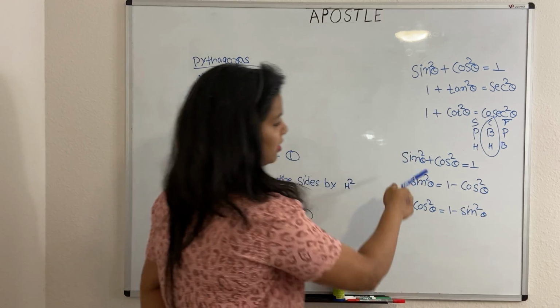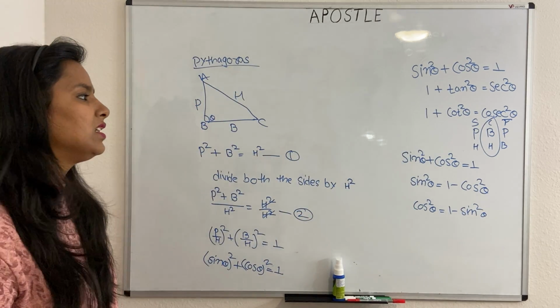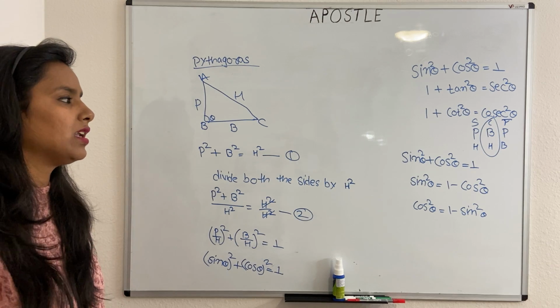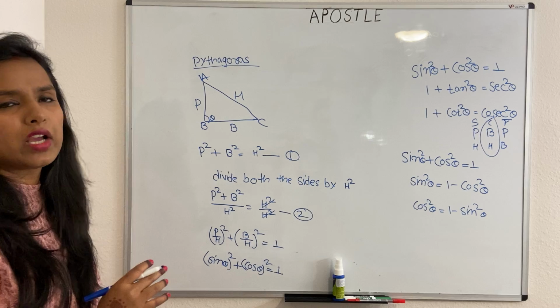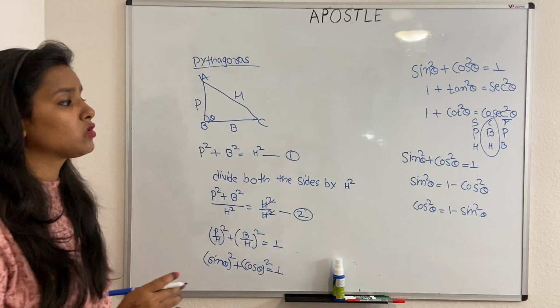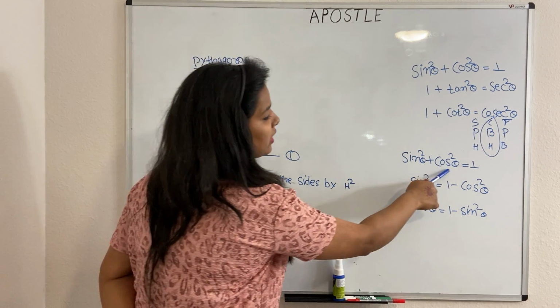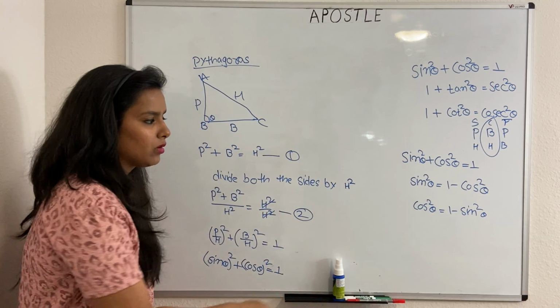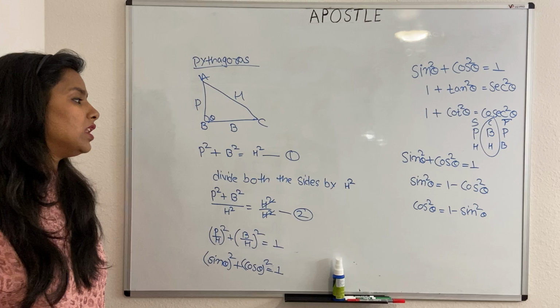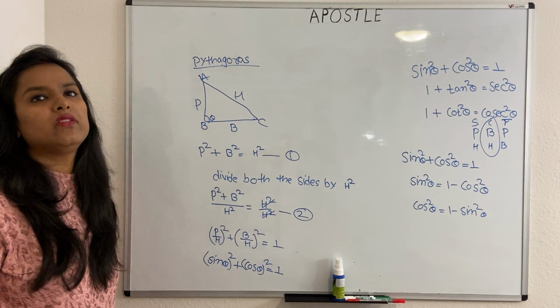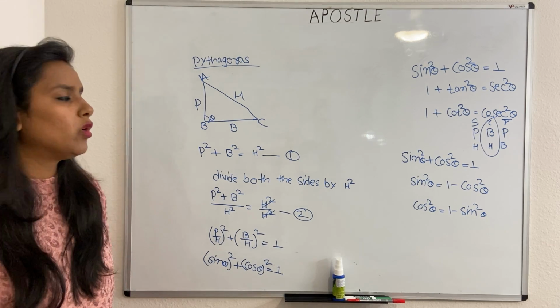Because our standard equation is sine square theta plus cos square theta equals 1, if we have to calculate the value of sine square theta, we can move cos square theta to the other side, or if we have to calculate the value of cos square theta, we can move sine square theta to the other side. So from one equation, we get two more equations.